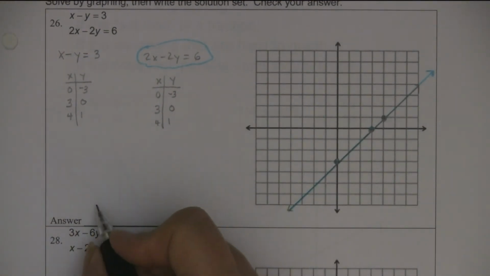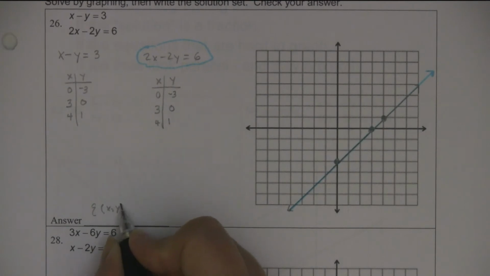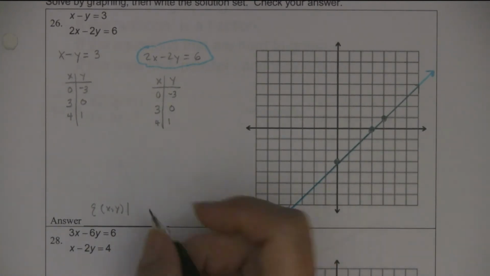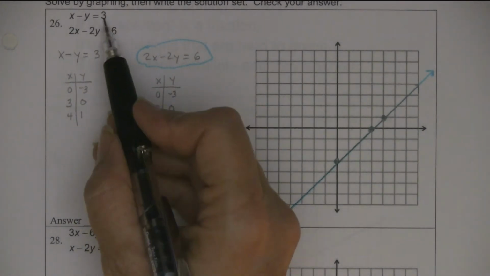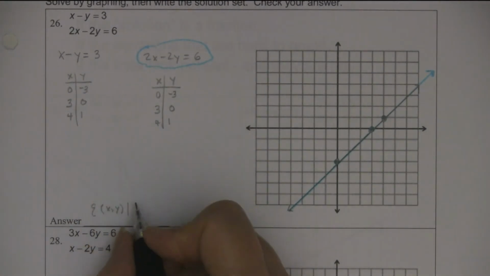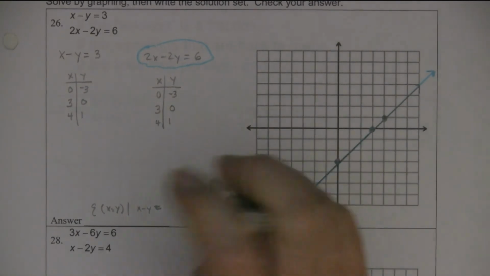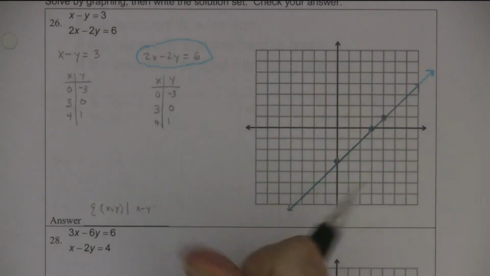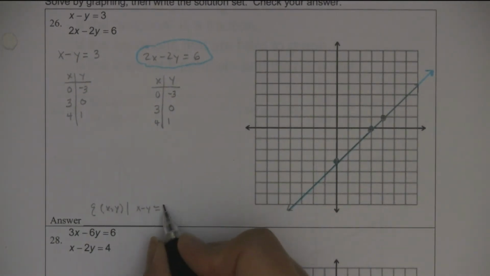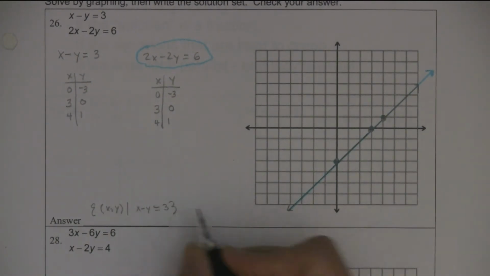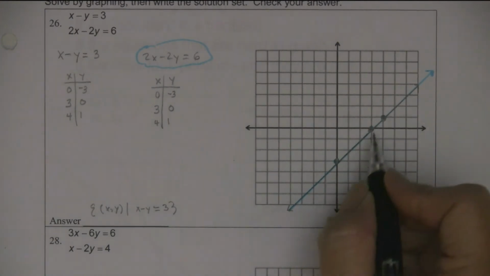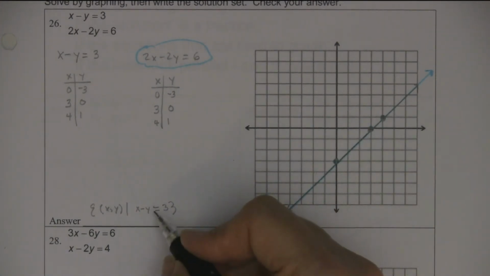And so they say the set, and so there's their set brackets, of ordered pairs, x comma y, such that, so that's always the same, and I bet you on XYZ it fills that part in for you. And then you just choose either one of these, it doesn't matter, such that x minus y equals 3. And that's saying that there are infinitely many ordered pairs, all of the ordered pairs that are a solution to this line.